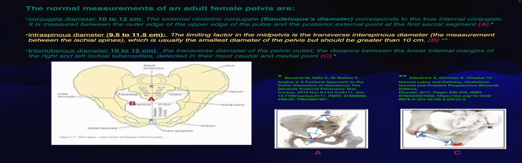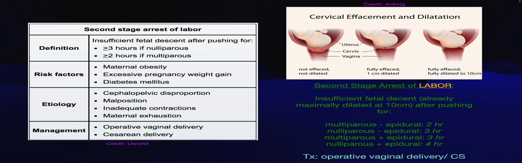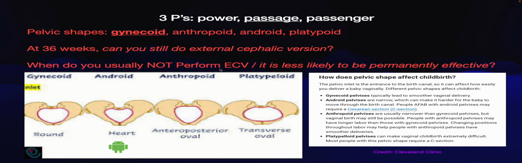That was in reference to these questions here. So can you still do ECV at 36 weeks? And when do you usually not perform ECV, or when is it less likely to be permanently effective?